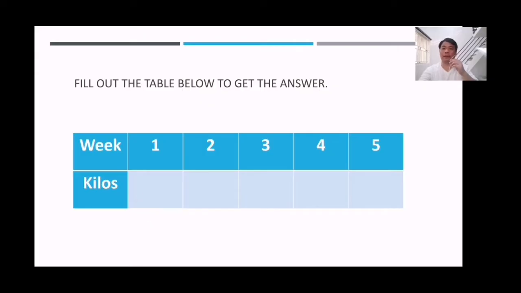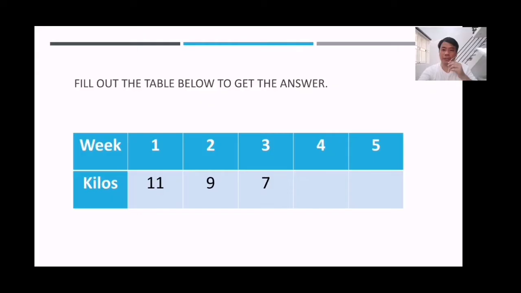But, given the weight she lost from the first week up to the third week, they are 11, 9, and 7. So, the question says, how long will it take her to lose 35 kilos?